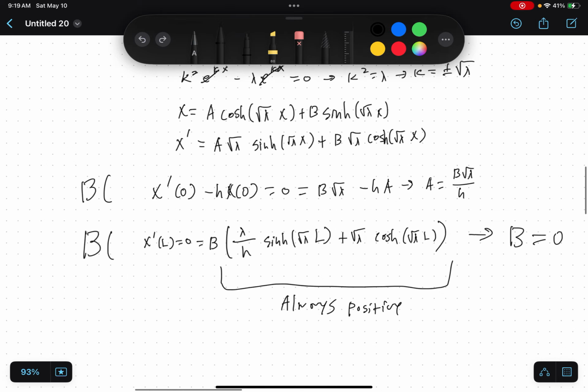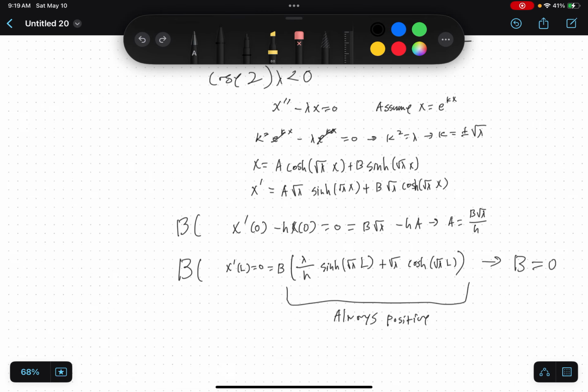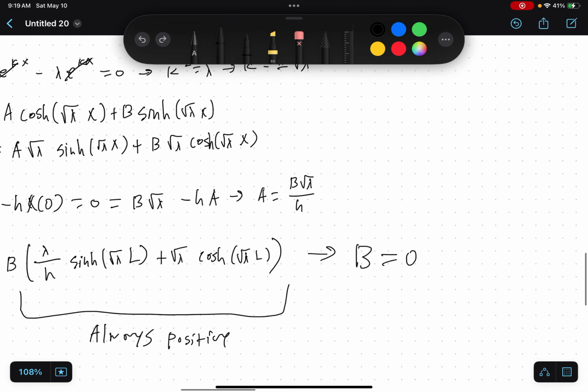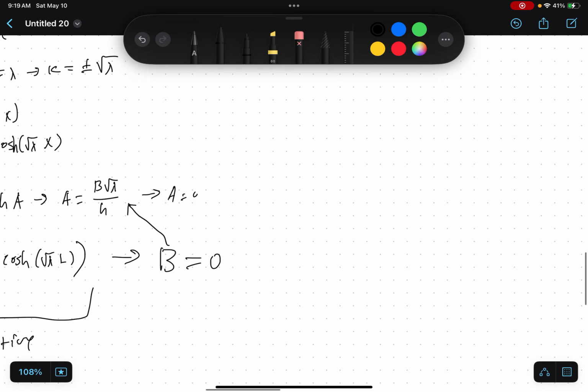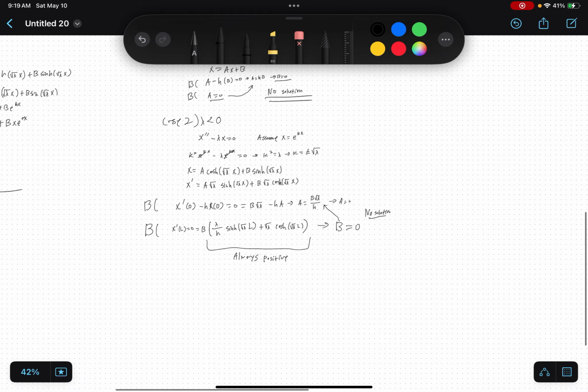And maybe that is always positive or something like that. I'm not sure. But anyways, I said this whole term is always positive, so we have to say that b equals 0. And then when we plug this into here, a equals 0 also, and then there's no solution. Cool. This is a very long problem, I just realized.